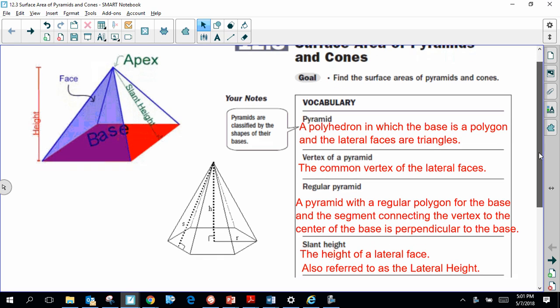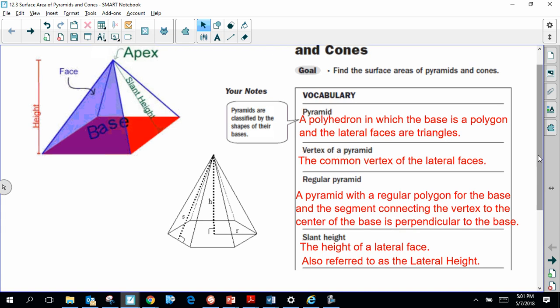Just like prisms, pyramids are classified by whatever shape their base is. So the one on the far left, depending on what type of quadrilateral it is, might be a square pyramid or a rectangular pyramid.